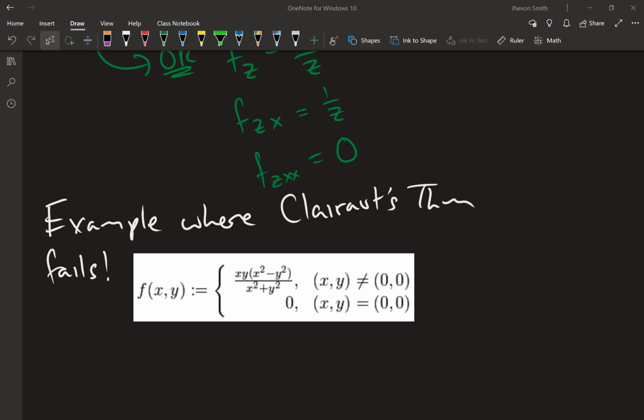You will find that if you take the derivative with respect to x first and then y, let me write this down, do the quotient rule, you get like -1. And if you take it with respect to y first, then x, you would get +1.